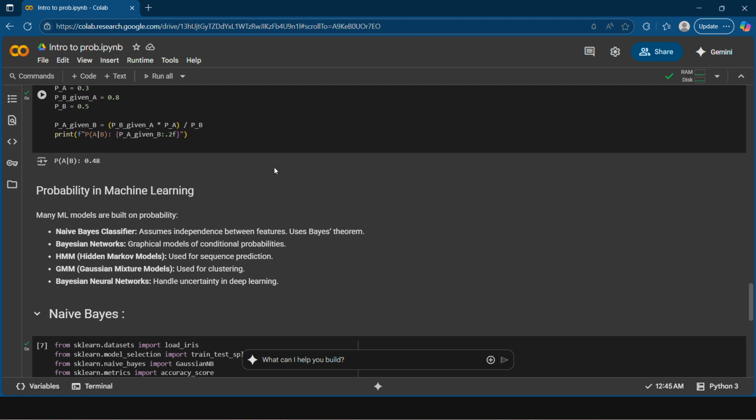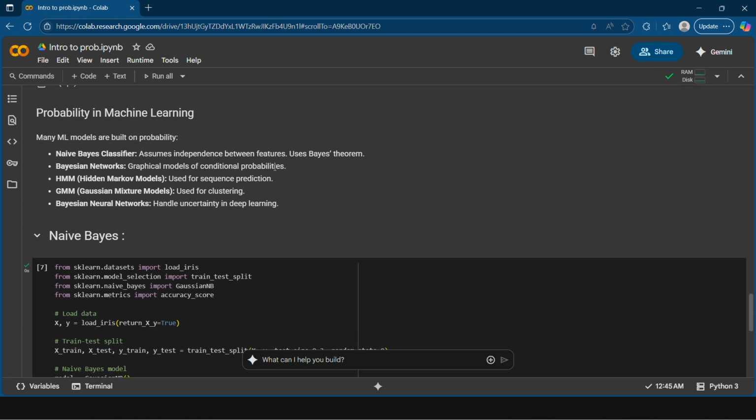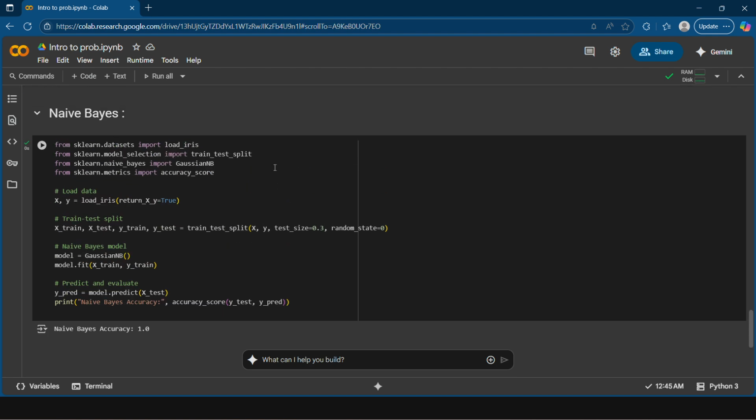Bayes networks are a graphical model of conditional probabilities, and hidden Markov models are used for sequence prediction. It's not a parallel prediction, it's a sequence prediction. The Gaussian mixture model is used for clustering, and Bayesian neural networks are used to handle uncertainty in deep learning.